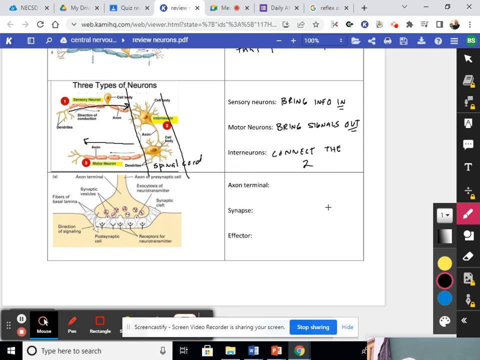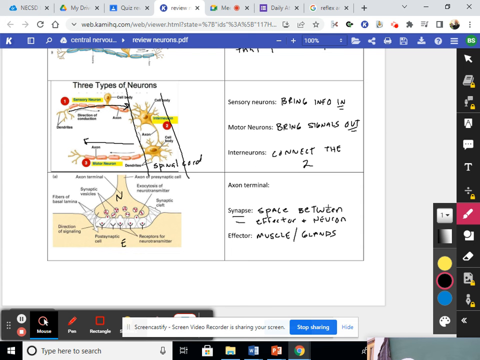Here we see a neuron, and this is an effector. Remember, effectors could be muscles or glands. And the space between the effector and a neuron is called a synapse.